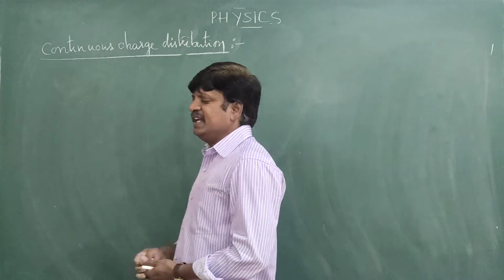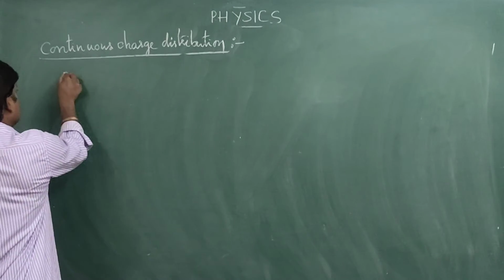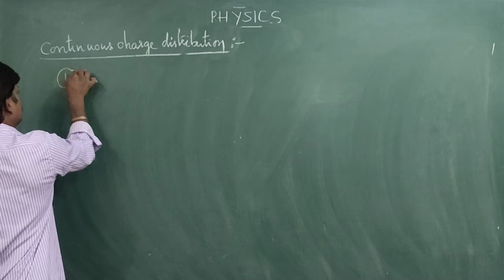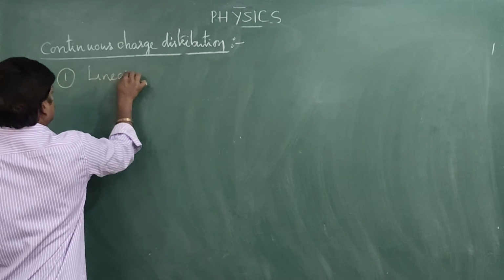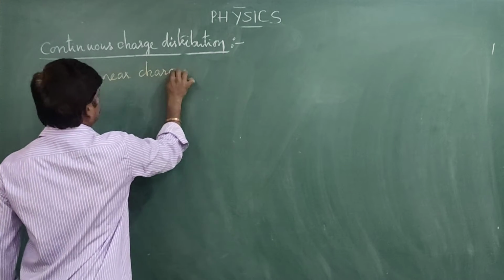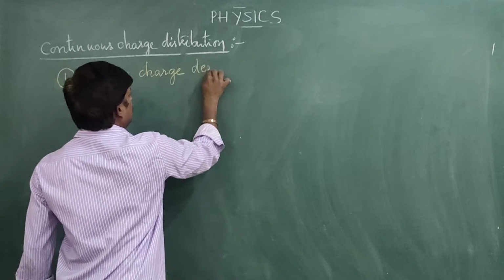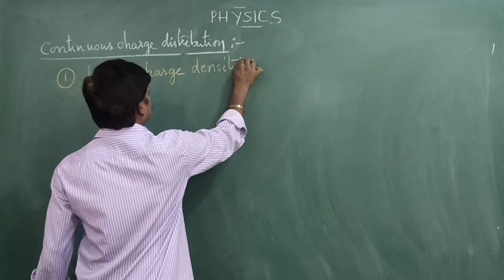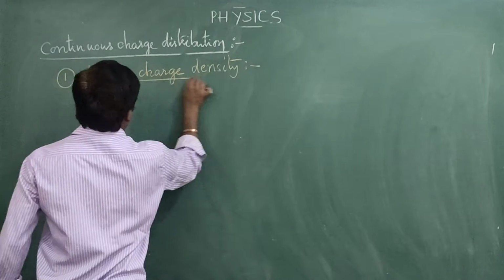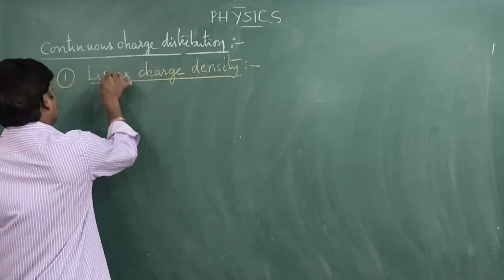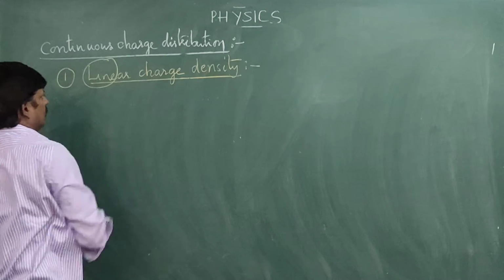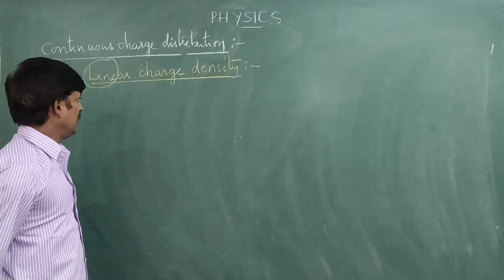Similar to that, here we can define three types of charge densities, and the first one is called linear charge density. What is the first one? Linear charge density. So very simple. The name itself says it, line.